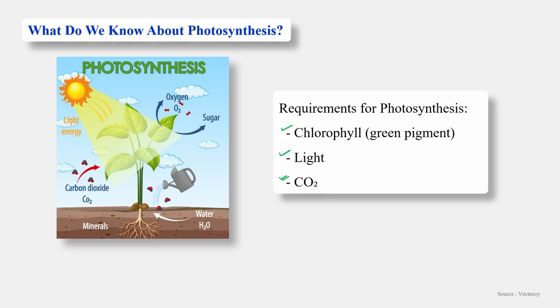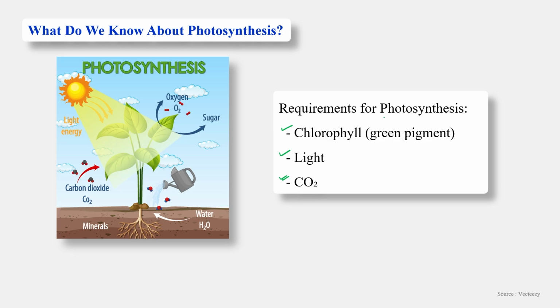You already discussed this kind of topic or picture since class 6 onwards, right? That there is a plant, it absorbs water from the soil and absorbs carbon dioxide which is present in the air, right? And in the presence of sunlight and chlorophyll, it will produce sugar as a food and release oxygen as a byproduct, right?